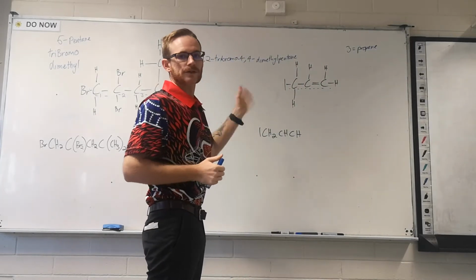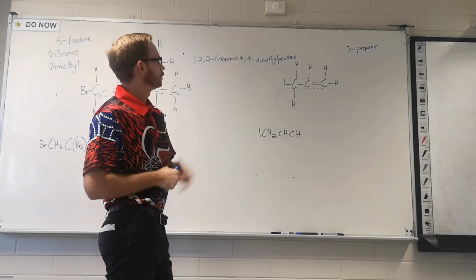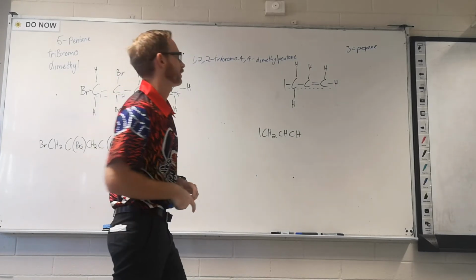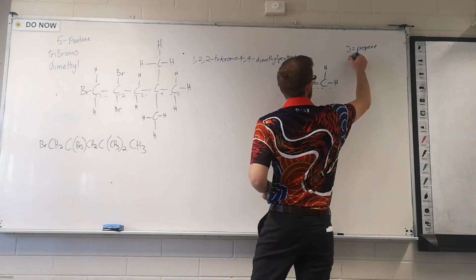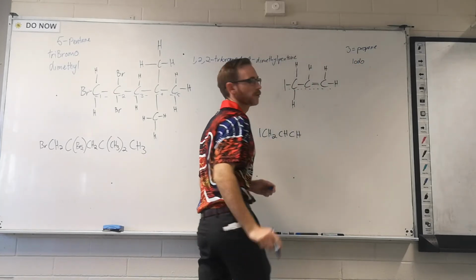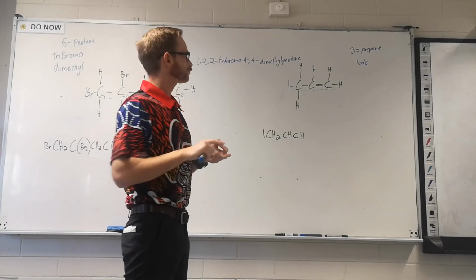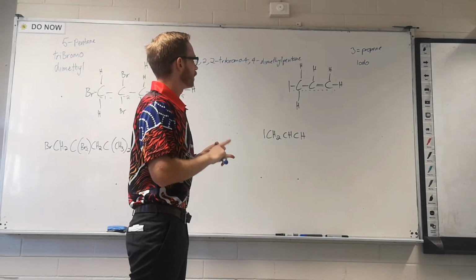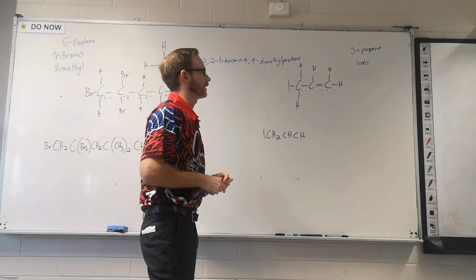Time to identify our functional groups, and on this one we've just got the one functional group. We've got that halogen iodine on there, so we've got a single iodo group. So we've identified our main chain, and we have identified our functional groups here. And again, now we have to name.